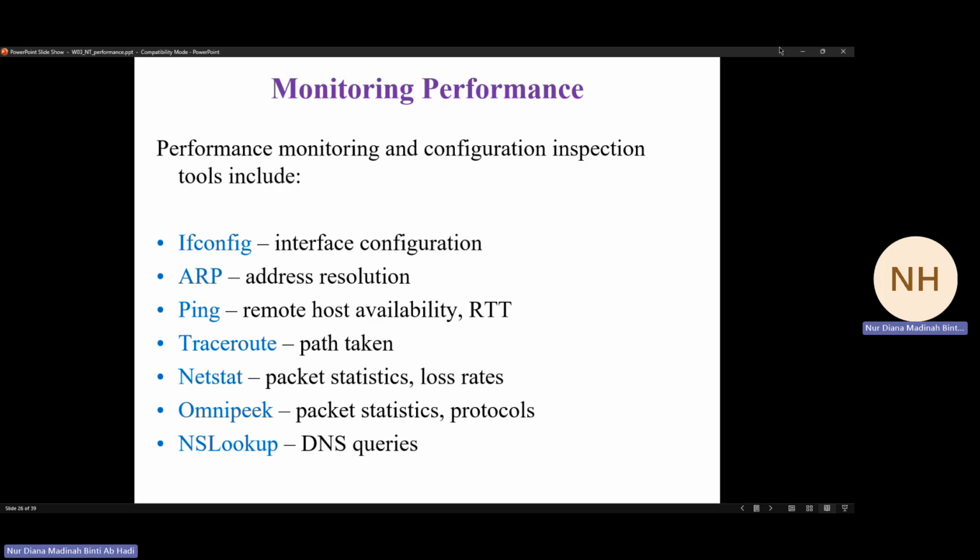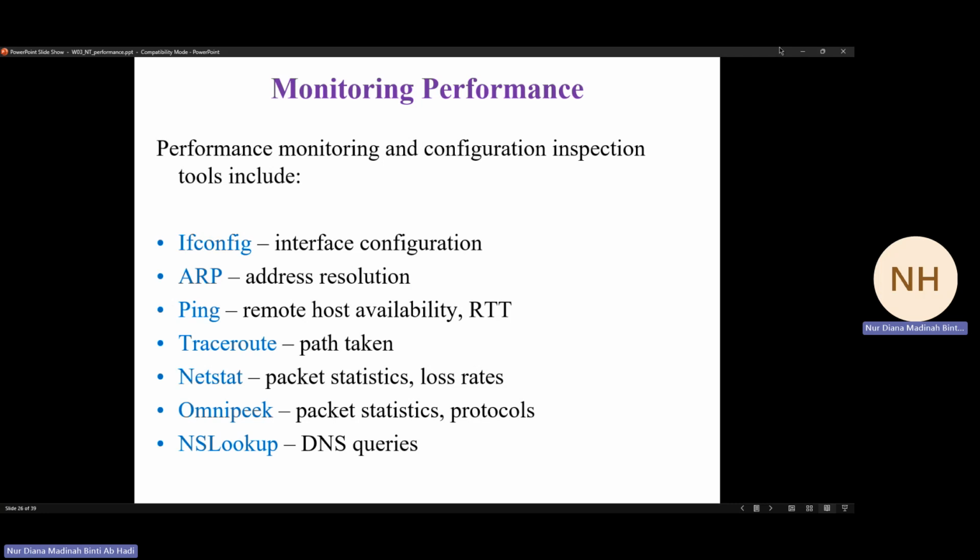So monitoring performance needs to be done. There are a few tools that you can use to monitor your performance and configuration inspection.